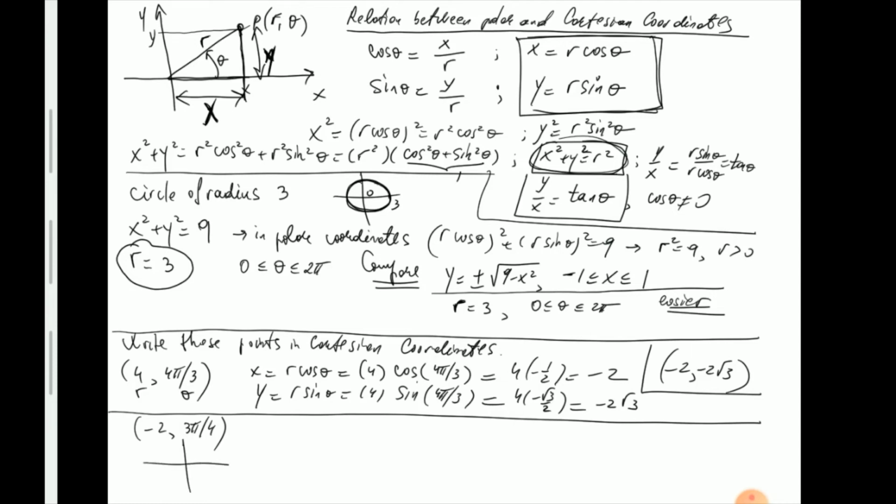Let's actually do a little sketch here. The one with positive 2 is over here. 3 pi over 4 in the positive way, 2, and then minus 2 will be the symmetric one. So the point in question will be here. And in Cartesian coordinates, it's going to be x equals minus 2 cosine of 3 pi over 4.